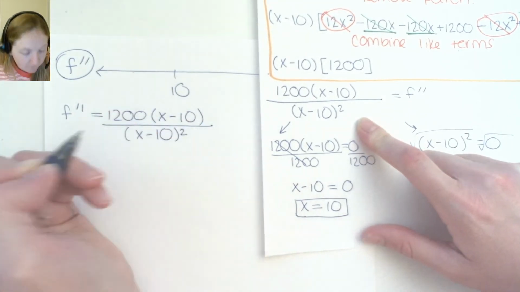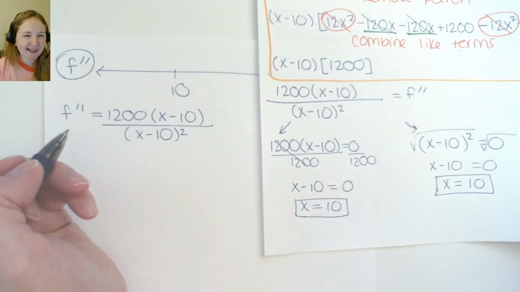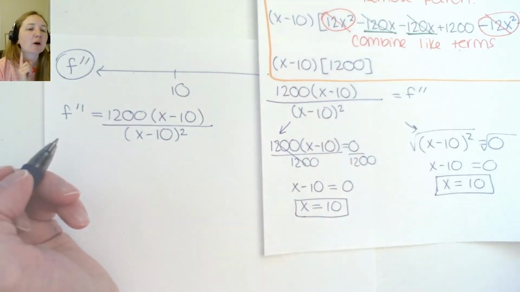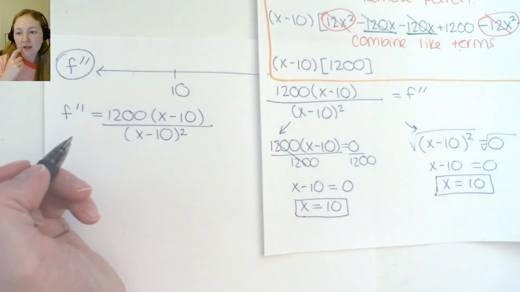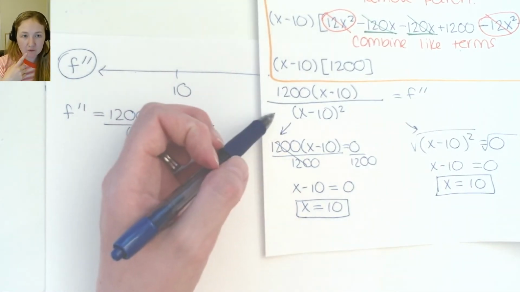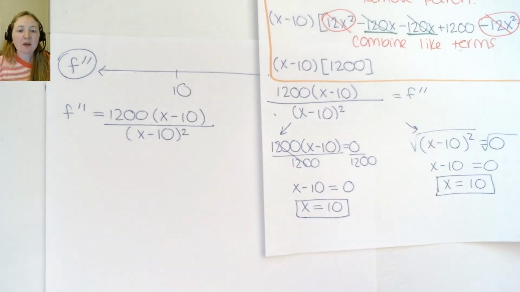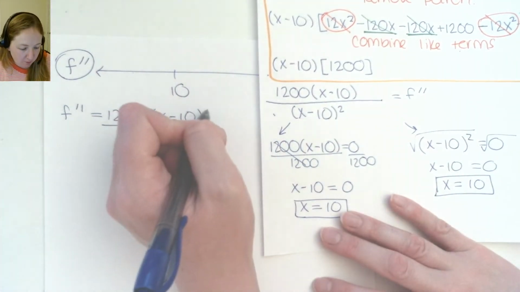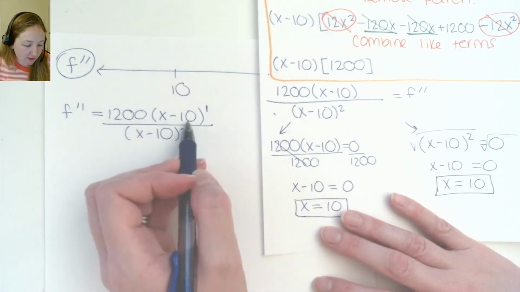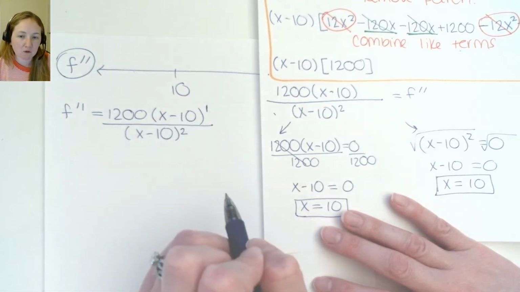Now, if you're sitting there and you're saying, can't I simplify that further? You are 100% correct. And honestly, that's probably what we should have done up here. A lot of times students don't do that, so I didn't want to make a big deal of it. But you can simplify this because you have an x minus 10 to the first and an x minus 10 squared.